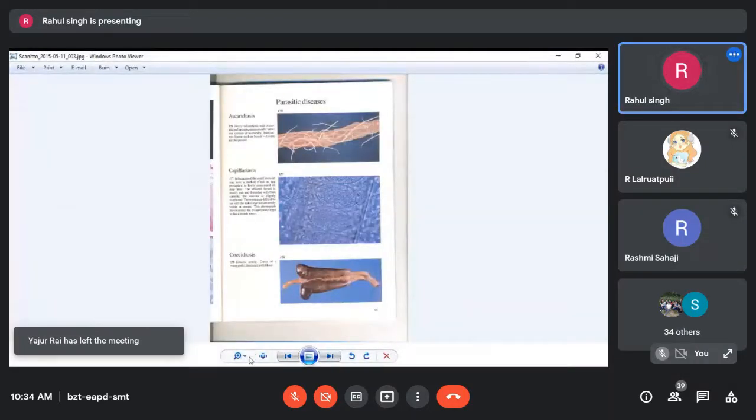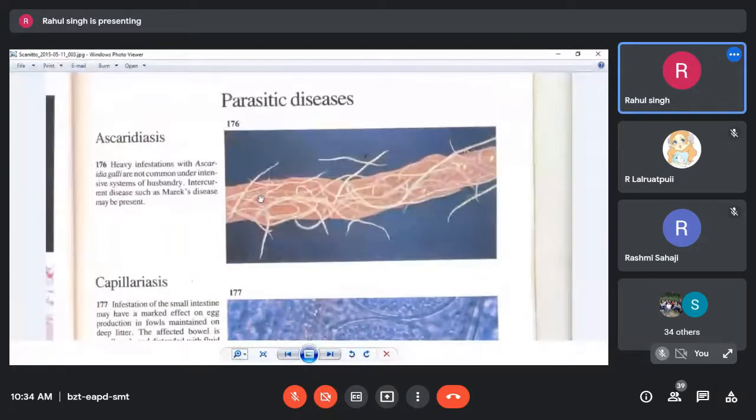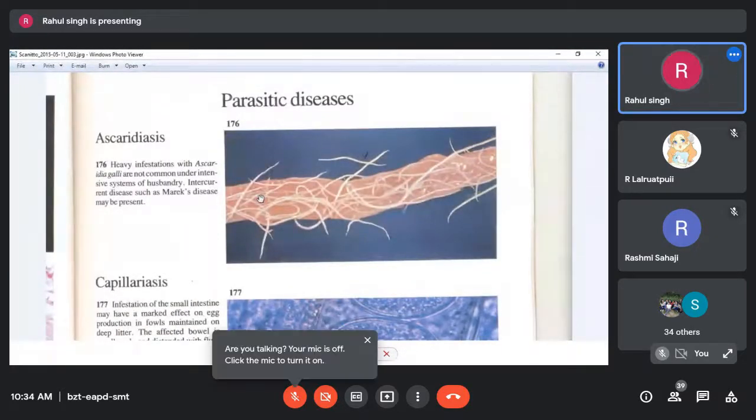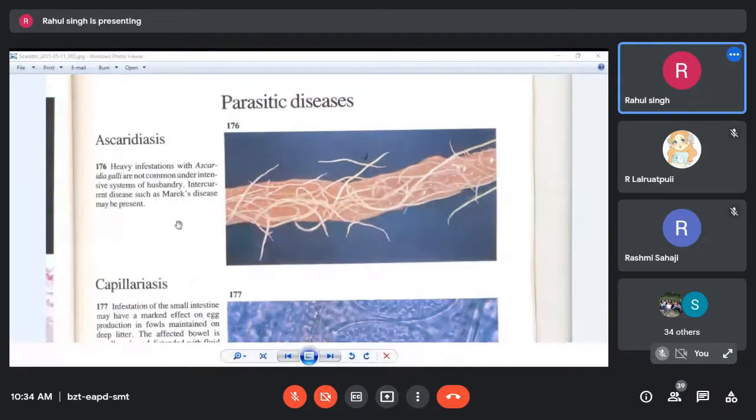Now parasitic diseases. This part remains actually in the theory to be covered, but here you can note down that the largest and most pathogenic roundworm of poultry is Ascaridia galli. You can see the name also here, isn't it?